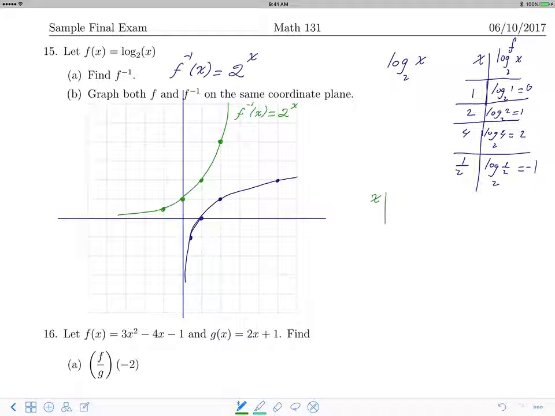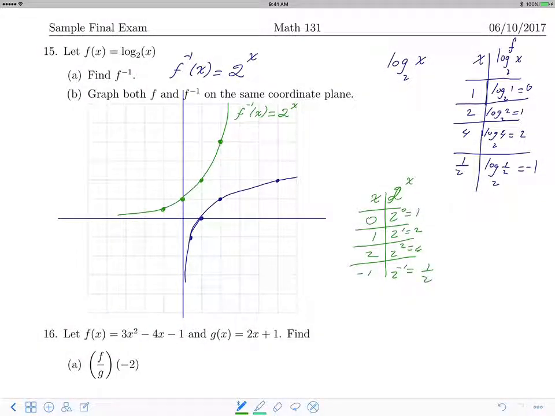Alternatively, we could have just made a table of x, 2 to the x, and just pick the values 0, 1, 2, and then negative 1. And then 2 to the 0 is 1, 2 to the 1 is 2, 2 to the 2 is 4, 2 to the negative 1 is positive half.